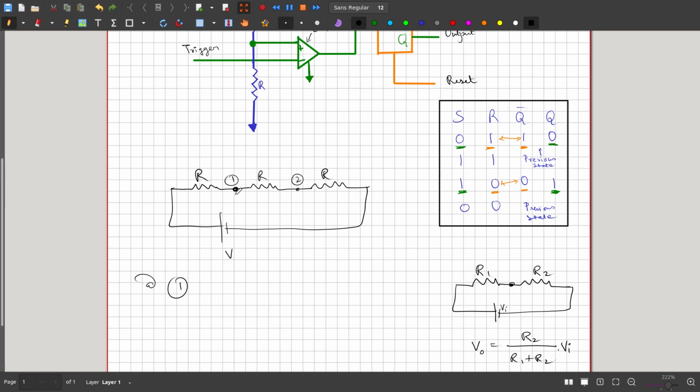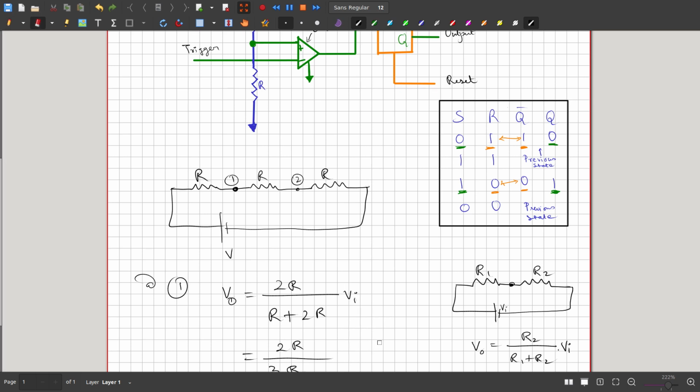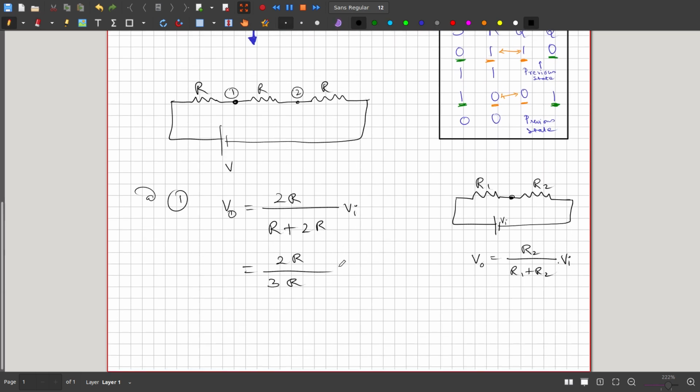Similarly in this circuit, instead of R2 we have one R and another R, therefore 2R. So at point 1, V1 equals 2R divided by R plus 2R, which is 2R divided by 3R. Therefore it is 2 by 3.